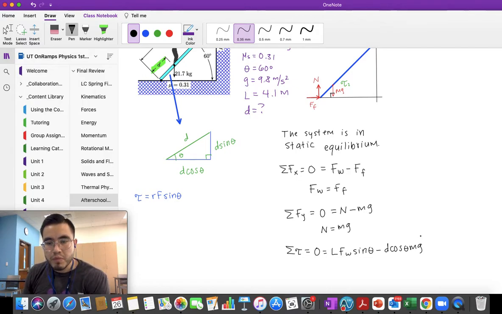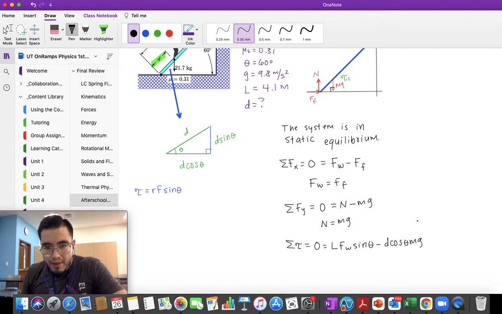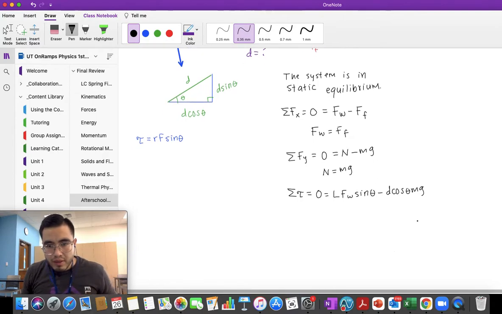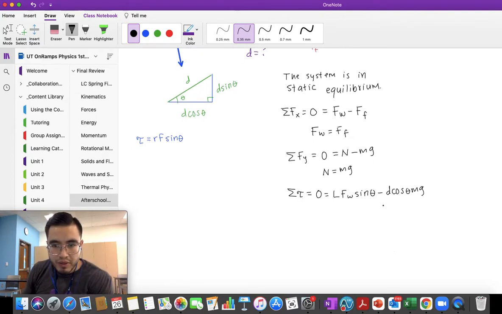Okay, so now I'm going to rearrange this one just so it's consistent with the way we have been doing things. So force, then the length, then the sine of theta minus the force d cosine of theta.